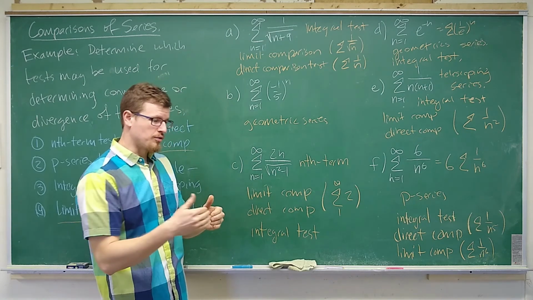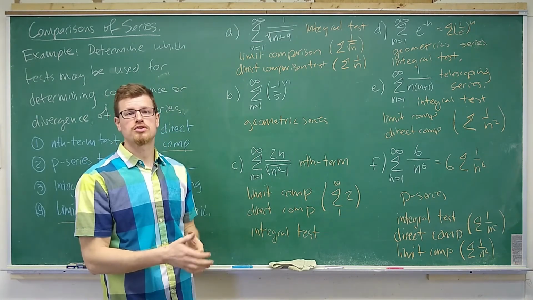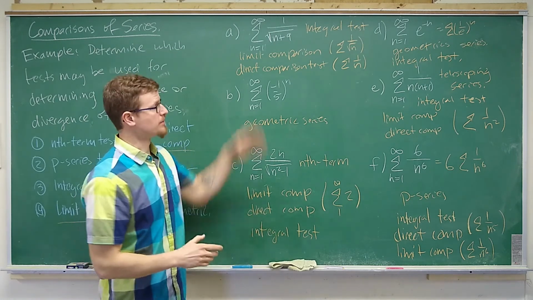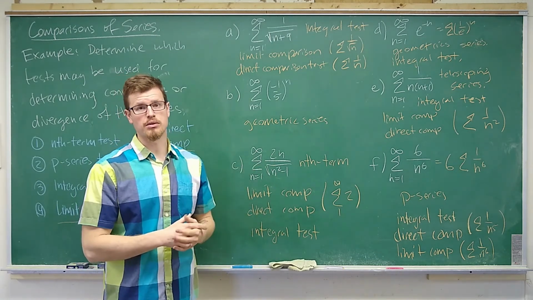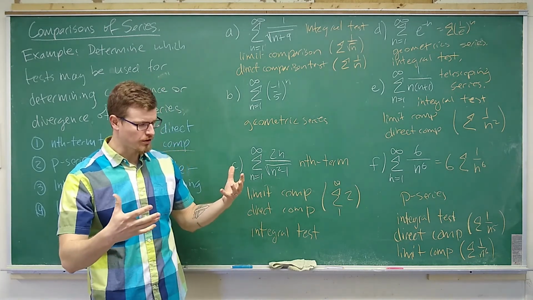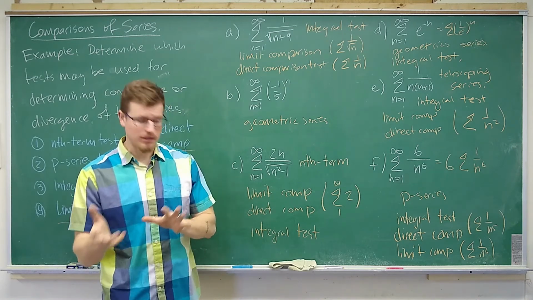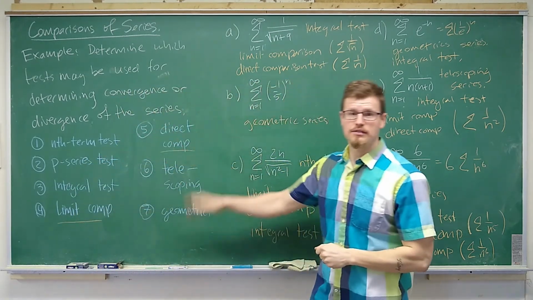So if you are not sure which one will work, you are welcome to try any of them, because frequently there will be multiple tests that work. So have no fear, don't feel overwhelmed. It can be a little bit daunting at times. There's a lot of different tests.